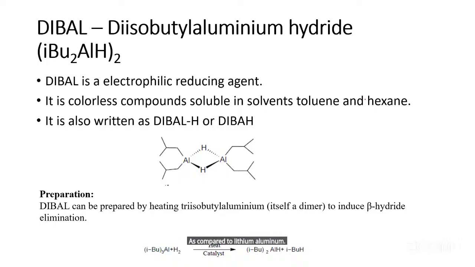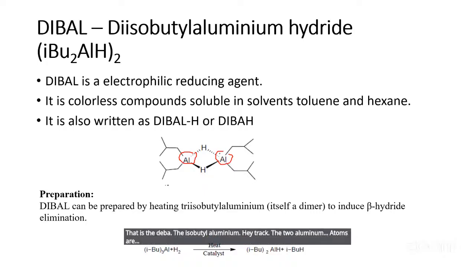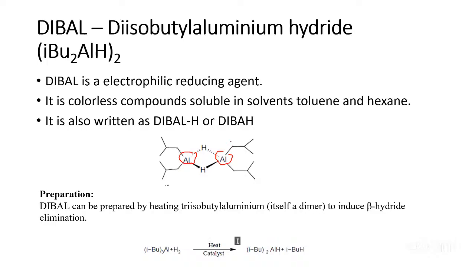Another reagent which is used selectively is DIBAL, diisobutyl aluminum hydride. Two aluminum atoms are present in this DIBAL, bridged between isobutyl groups and hydride.